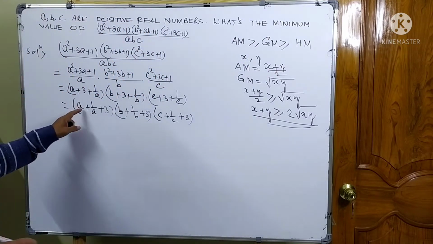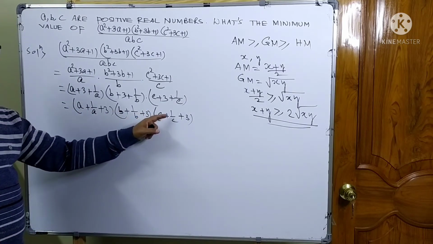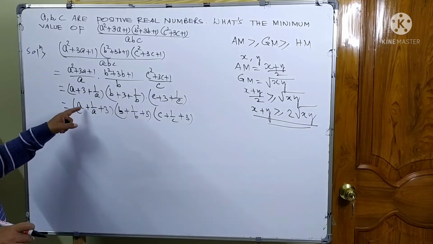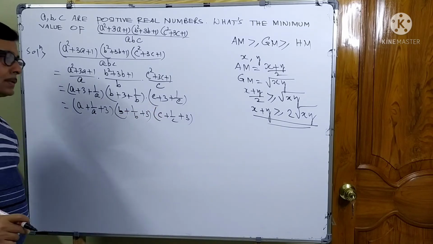Here the pairs of quantities are a and 1/a, b and 1/b, c and 1/c.